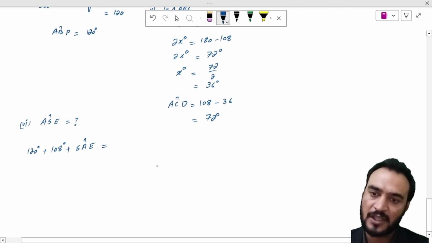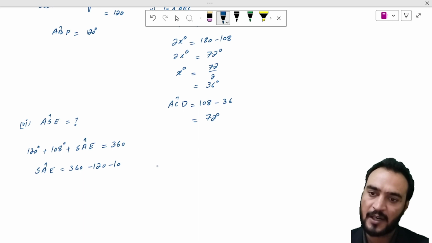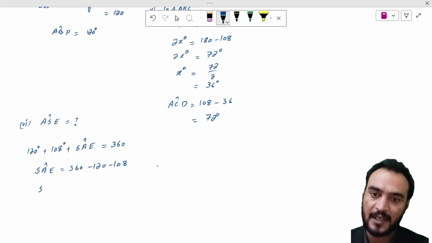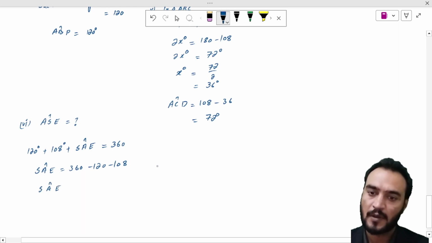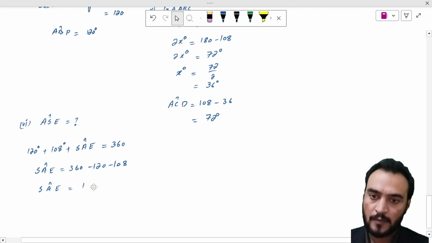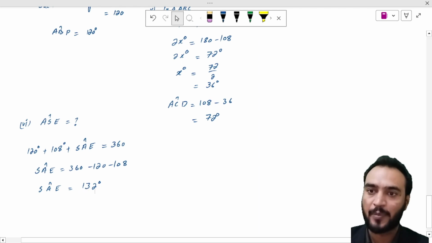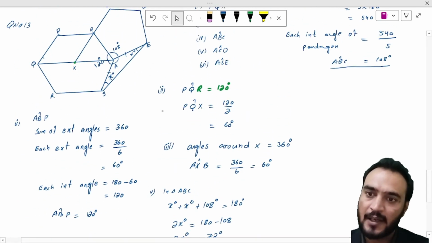To find angle SAE, we subtract these two angles from 360 degrees. 360 degrees minus 120 minus 108, we get the angle SAE, which is equal to 132 degrees. So the angle at point A in triangle SAE is 132 degrees.